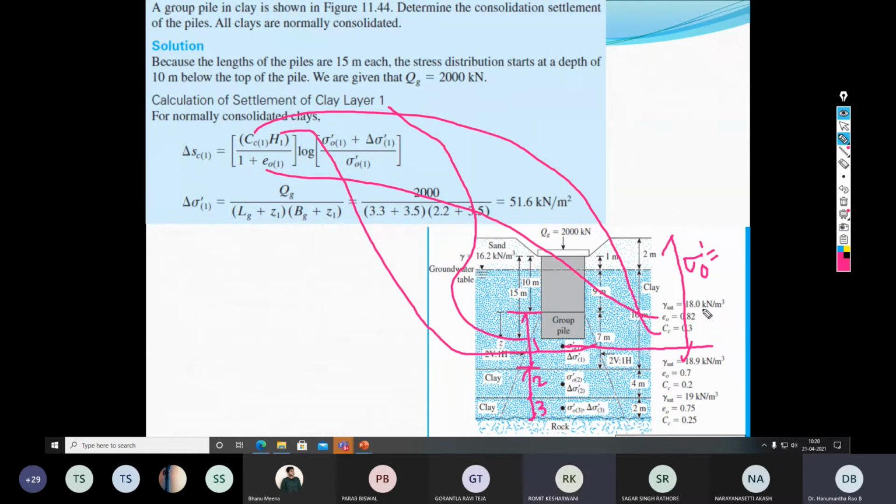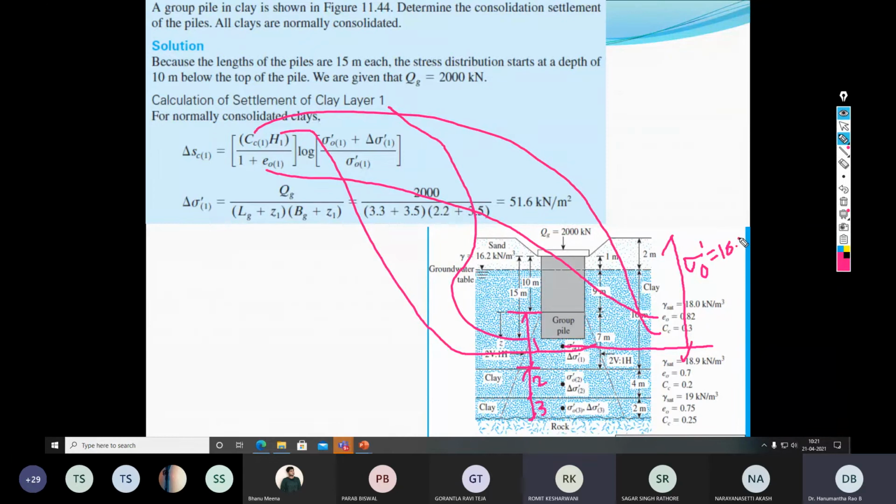Sir, initial overburden stress. Yes, effective overburden. How do you calculate? Can you tell the numerals from this picture? Sir, we can calculate first for the sand layer and then for the clay, adding them.